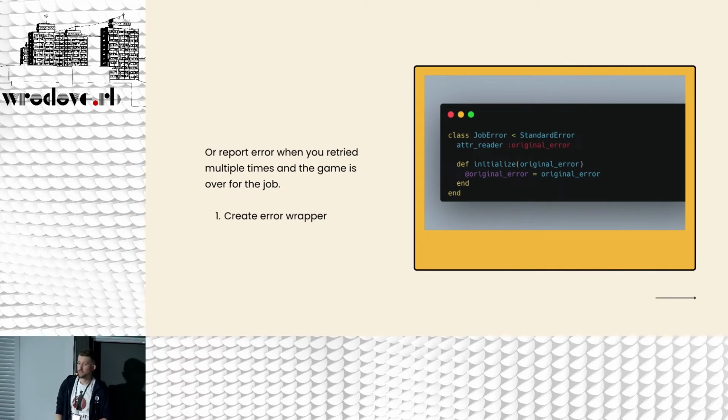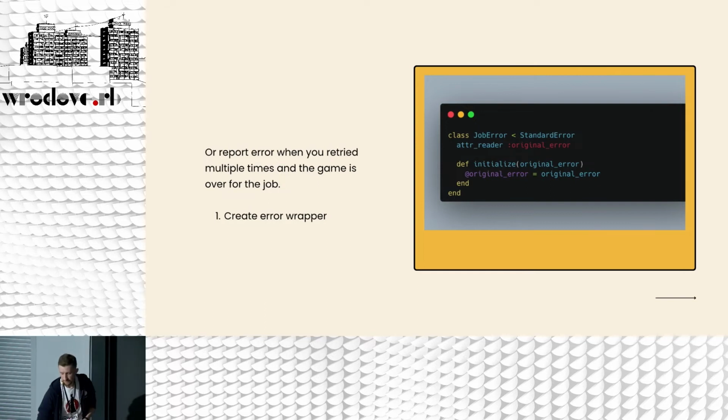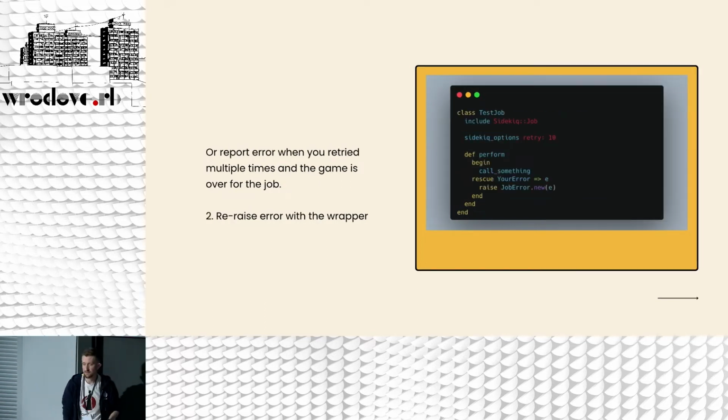And to solve that, we can use a very simple pattern. The first step is just to create the error wrapper. It simply inherits from the standard error. It saves the reference to the original error. And the next step is to raise it. As you can see here, we are simply rescuing our original error, and then we raise the job wrapper with the original error inside it.